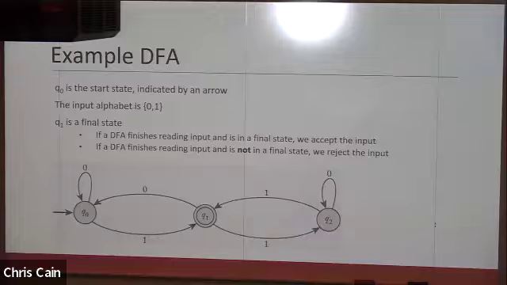It's challenging without further notation to be able to figure out exactly what this is. It's not necessarily a language that is easy to describe verbally or in English. But we will find ways to describe in notation exactly what language any DFA represents, even if it's not something that is easy to describe.